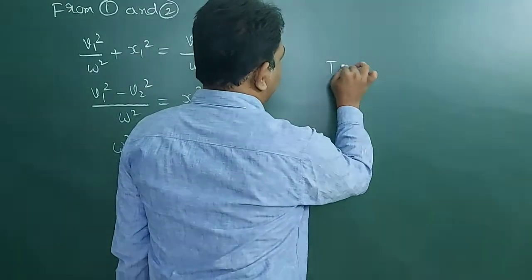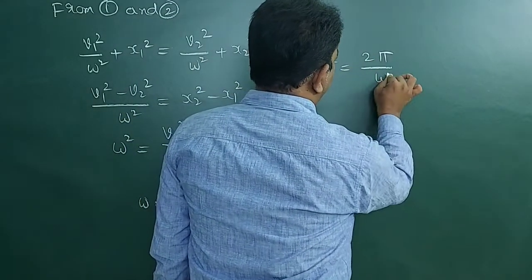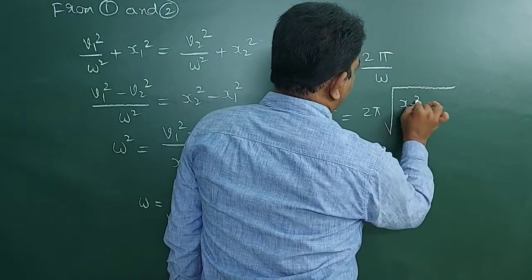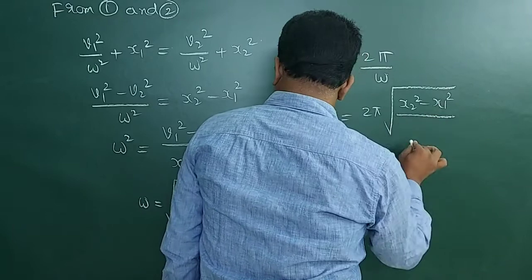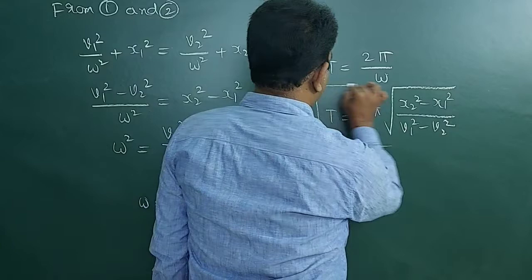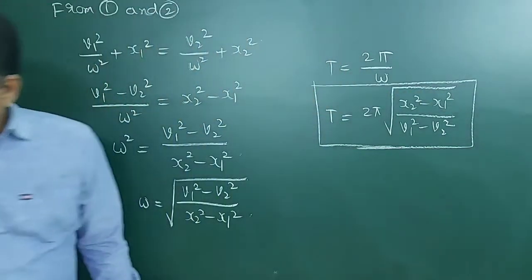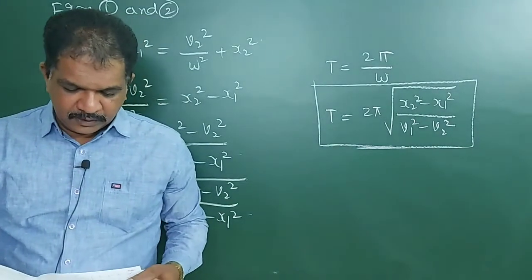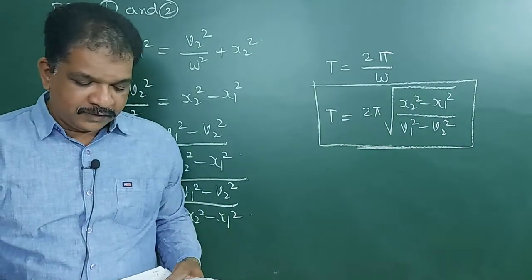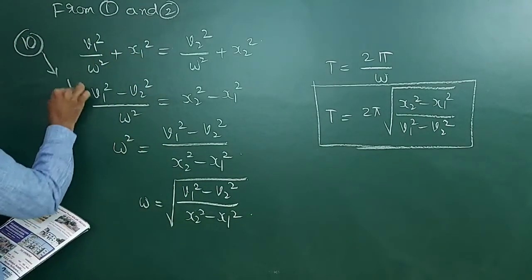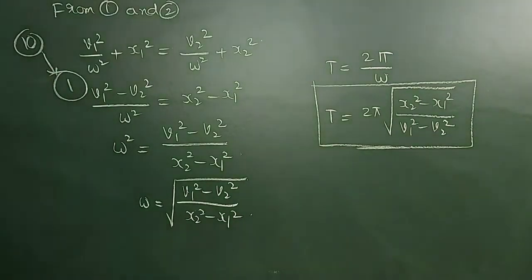Then T is equal to 2 pi by omega, which is 2 pi square root of (x2 square minus x1 square) by (v1 square minus v2 square). So this is the formula for the time period. So for the 10th question, it will be the first option. Okay.